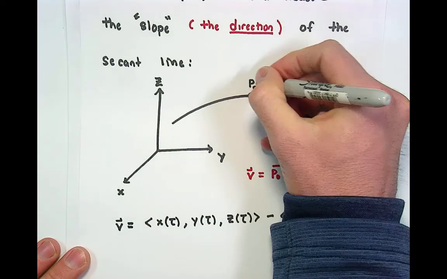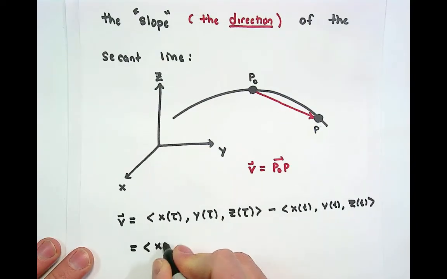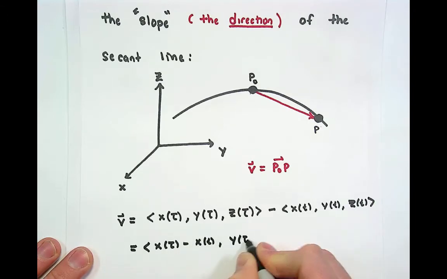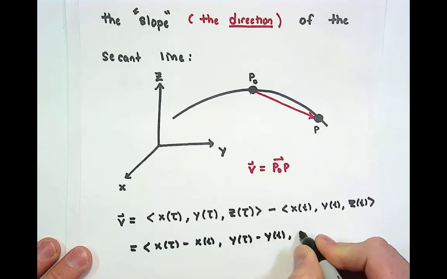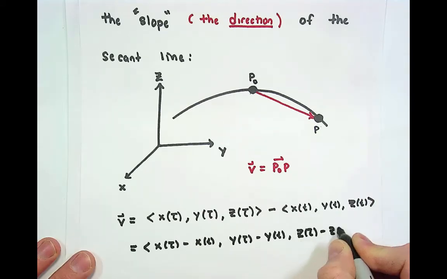This was when the value was t, and this was when the value was tau, which means we could write individual components as x of tau minus x of t, y of tau minus y of t, and of course we'll call this thing z of tau minus z of t.